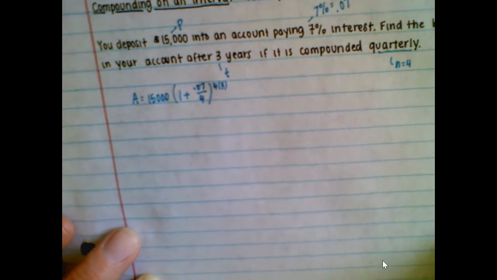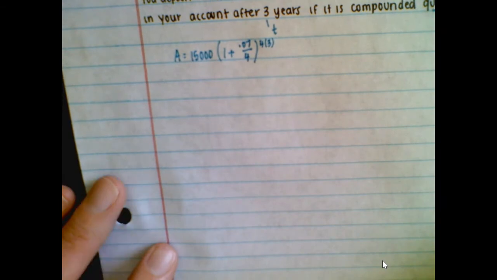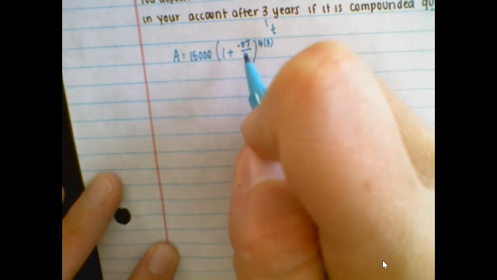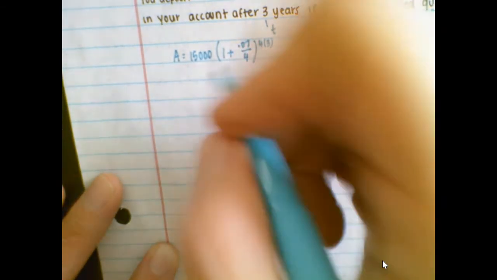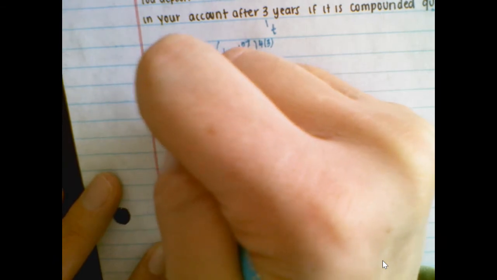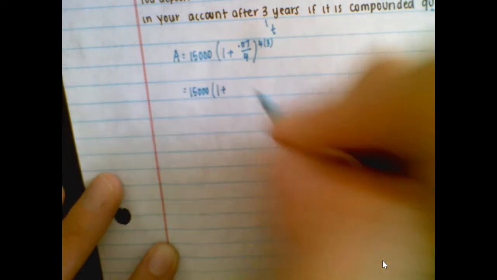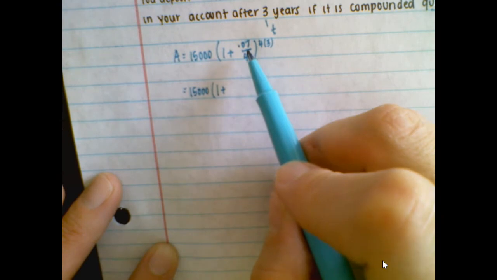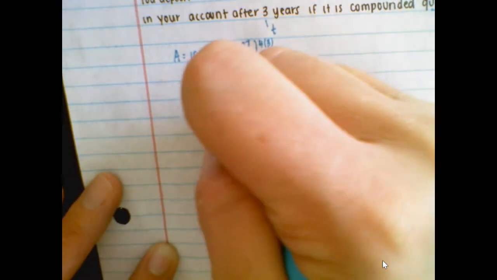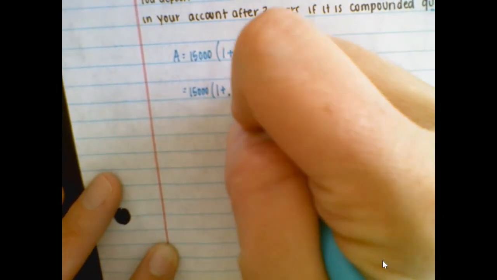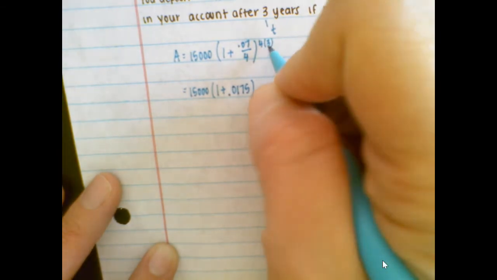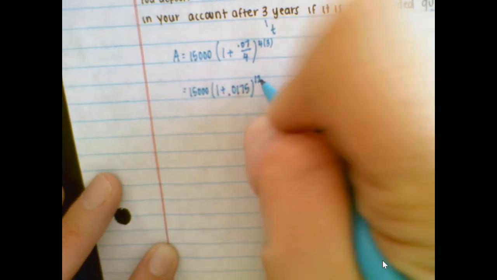And I'm going to use my order of operations to simplify this. So I'm going to first divide out that 0.07 by 4. I'm just going to carry down the 15,000, the 1 plus, and in my calculator, 0.07 divided by 4 was 0.0175. At the same time, I'm going to clean up this exponent. 4 times 3 gives me 12.